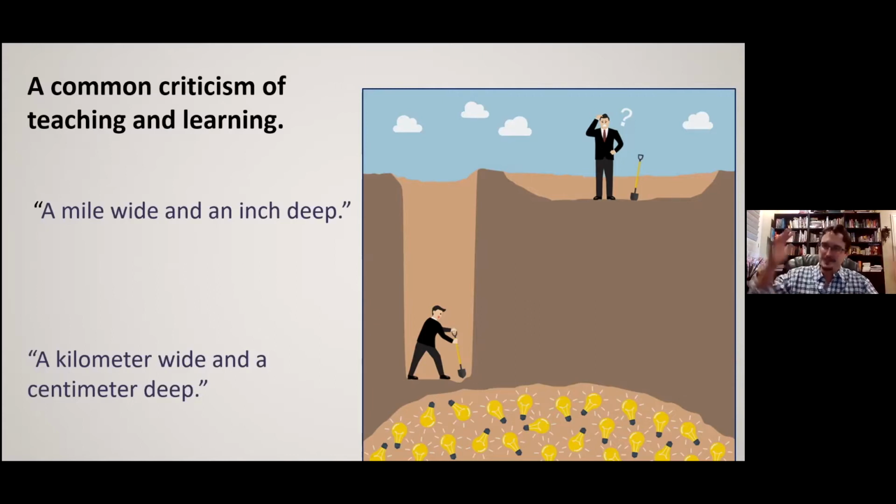But because there's so much material, we only get a little deep into it. Our understanding of it only goes so deep. So it's kind of like someone who knows a lot of general ideas, but they don't have the details. They don't have a deeper understanding of it.